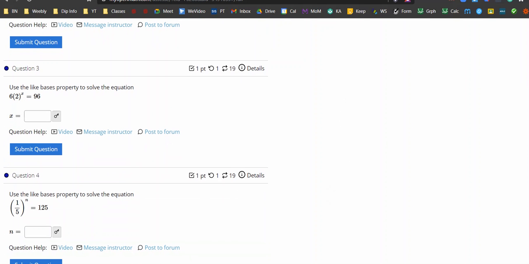All right. Use the like bases property to solve this one. So now in this case, we've got 6 times 2 to the power of x is equal to 96. Okay, so now the problem here is, you probably know this, that I have 6 times 2 to the power of x, right?